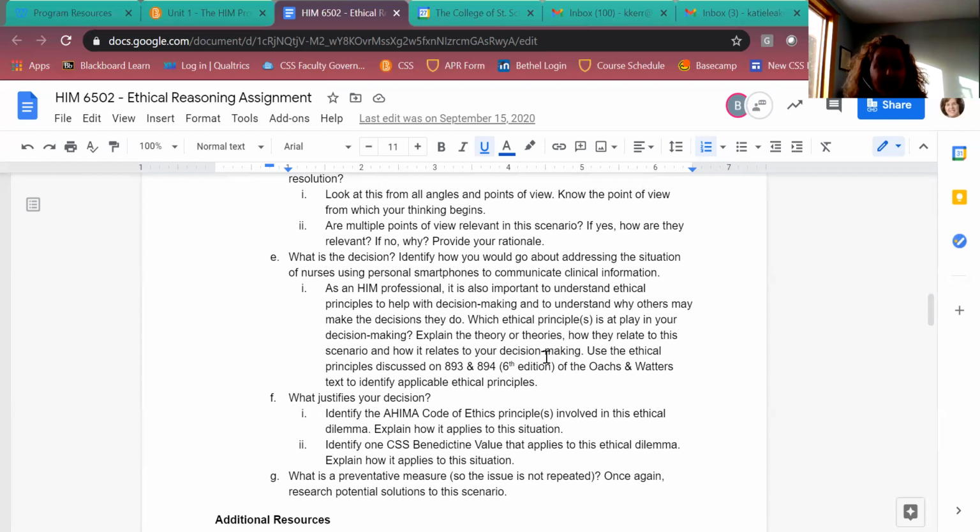So in this case, the nurses are just trying to care for their patients and provide the best care that they can. But there are obviously considerations and things that need to be had here.